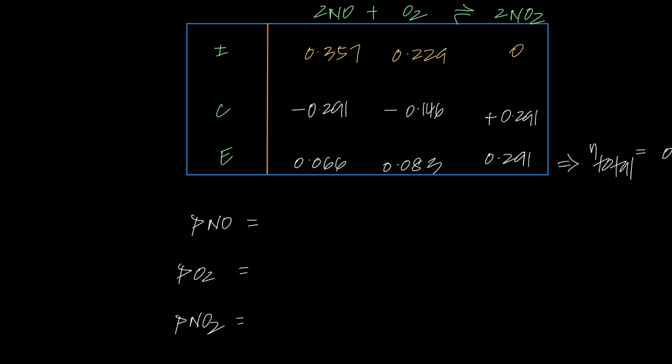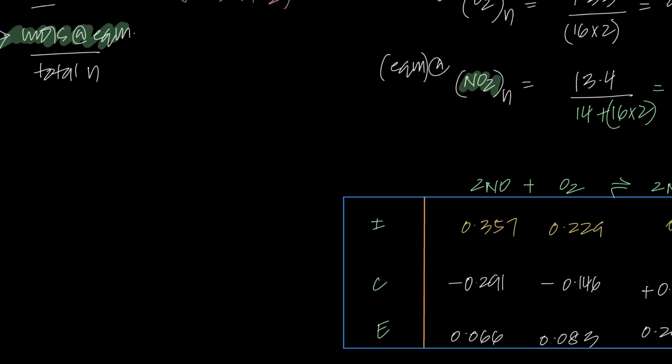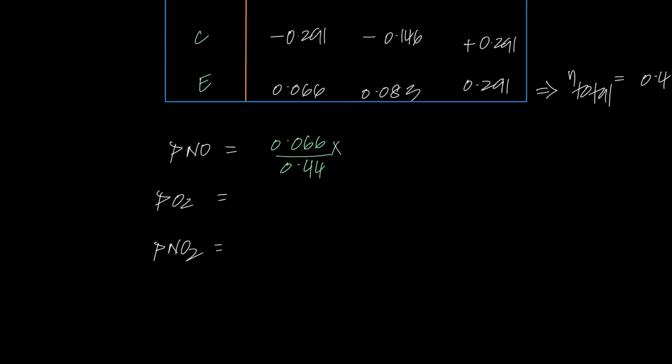The basic thought process. So for NO, it's 0.066 divided by total moles, which is 0.44, into the pressure, which I said was 100 kilopascals. For O2, it's 0.083 divided by 0.44 into 100 kilopascals.